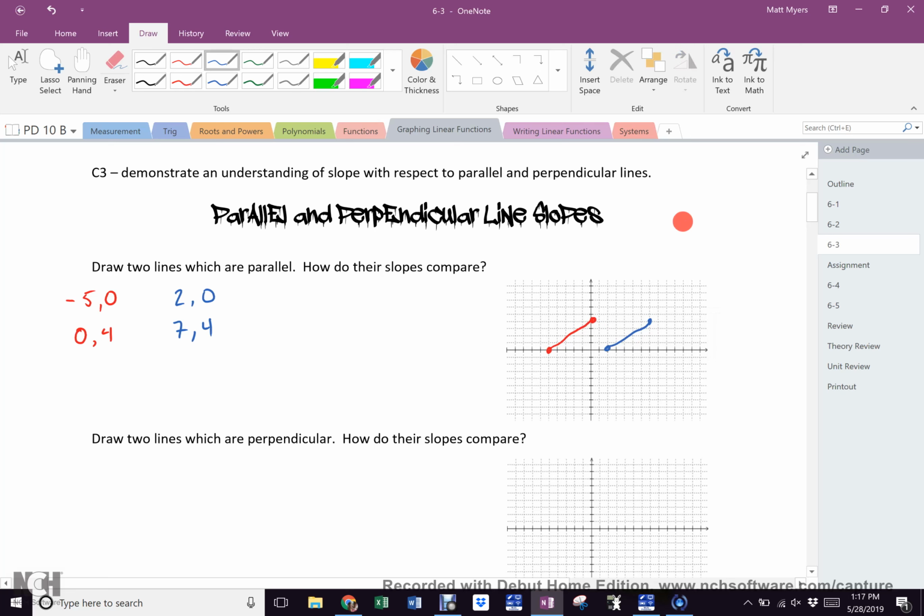So, these are parallel lines. Since they are parallel, they have what kind of slope? They have the same slope. What does that mean, Jesse? They'll never touch.